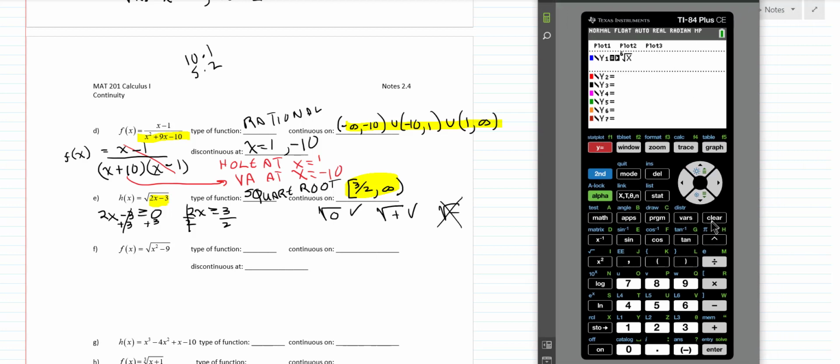And then the continuity, see, I'm trying to do all these things as independently of the calculator as possible. If you are in doubt on these kind of things, you can look at your graphing calculator. So if I was to put in the square root of 2x minus 3, let me show you what happens here. So the graph, notice that starting at 3/2, 3/2 is 1.5. So if I traced at 3/2, I get 0.